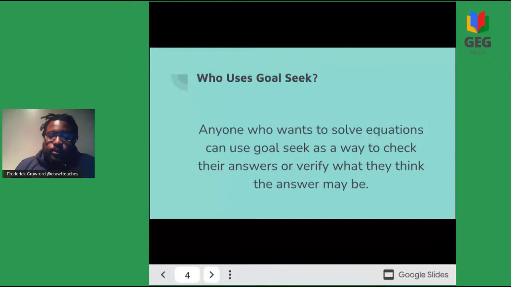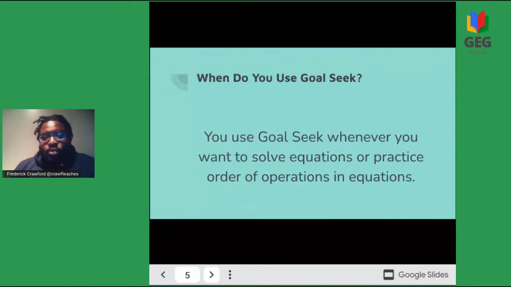So people are going to have to talk to each other, and we'll see if we can get that rolling out pretty soon where everyone can use GoalSeek. But if a student at Prince George's County Public Schools wants to use GoalSeek that badly, that student can go ahead and use it through the Microsoft app, and they have to download it on the computer.